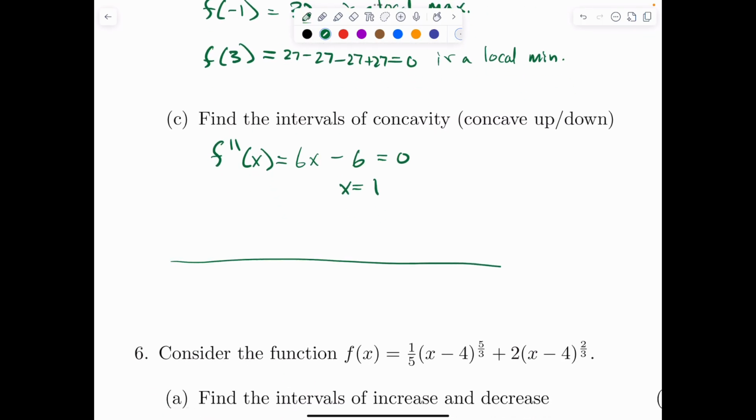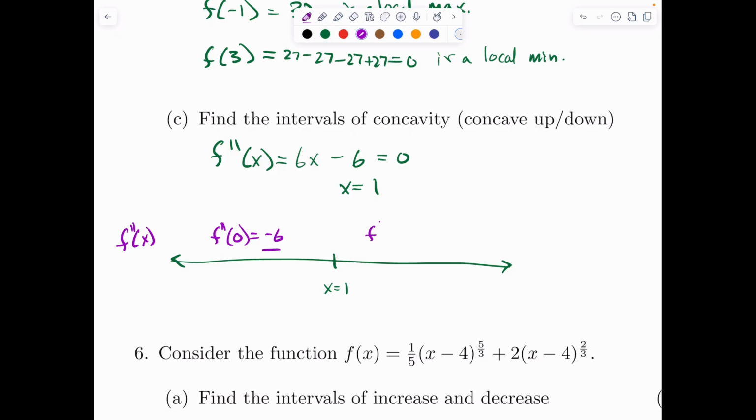We're going to do the same thing. So x equals 1. And I'm going to do the second derivative now. So let's do the second derivative for a number less than 1. So that's going to be negative, meaning concave down.